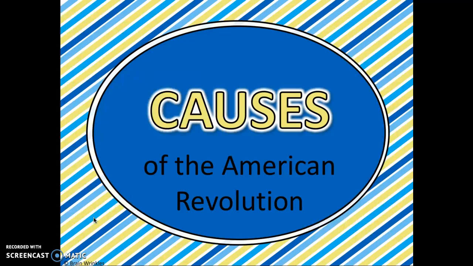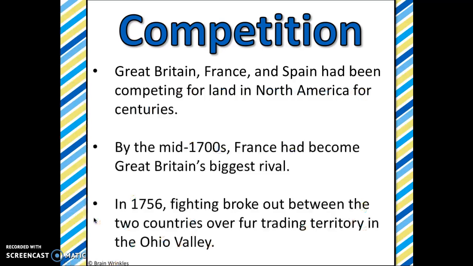Causes of the American Revolution, as we go to the road to revolution. Competition. Find competition on your notes and write down as we go along. Great Britain, France, and Spain have been competing for land in North America for centuries.